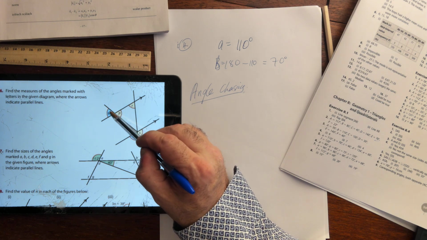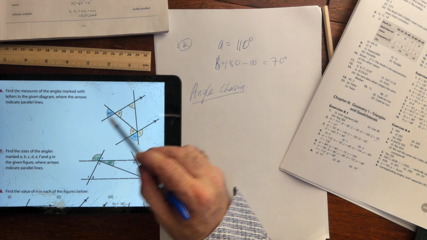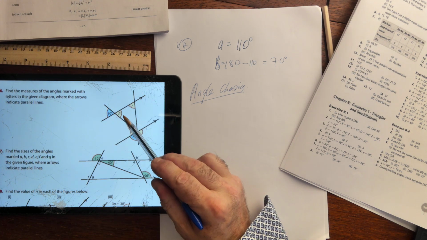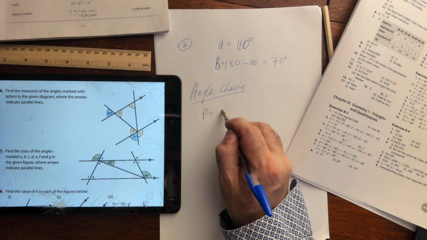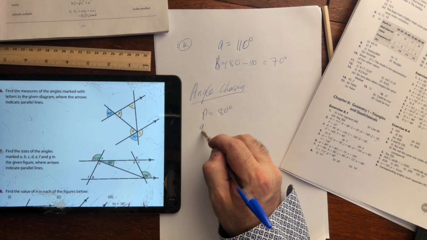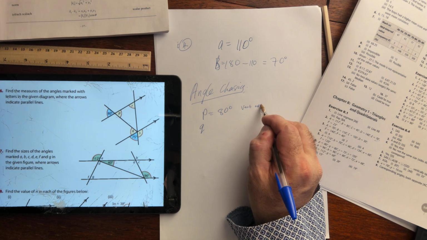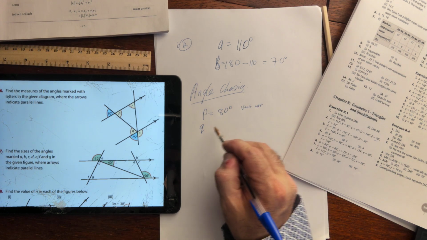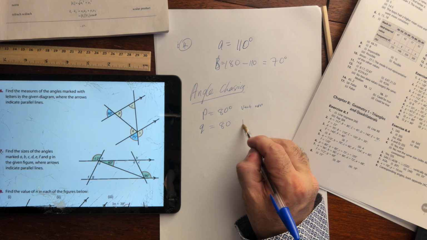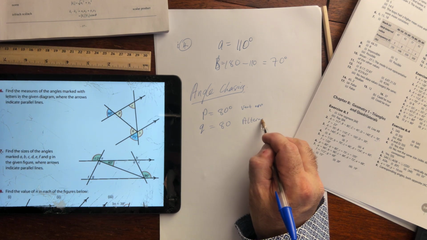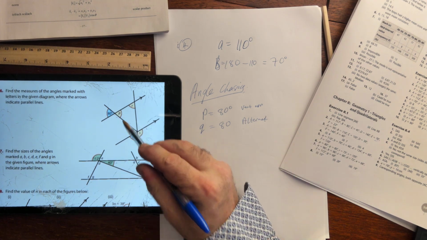So this line that I'm tracing down along here is a transversal of the parallel lines. So Q is the same as P. Let me write out P equals 80. Q, and I'll say Y, vertically opposite. Q is also equal to 80, and I'll say Y, alternate to P.